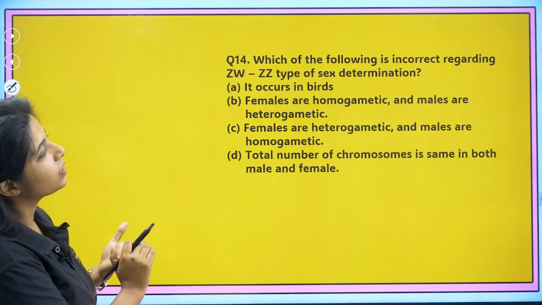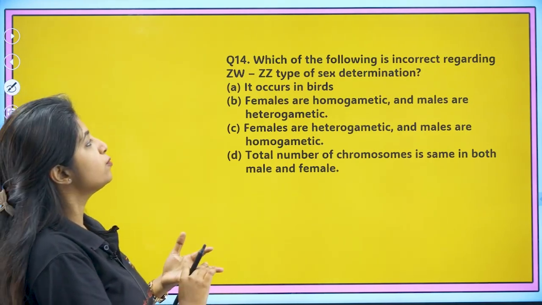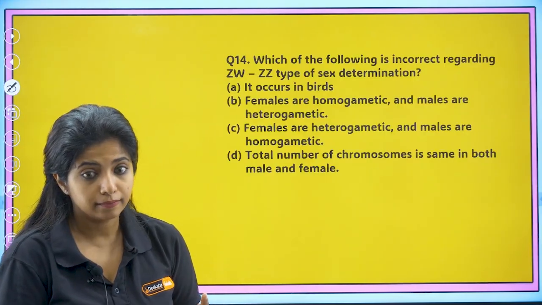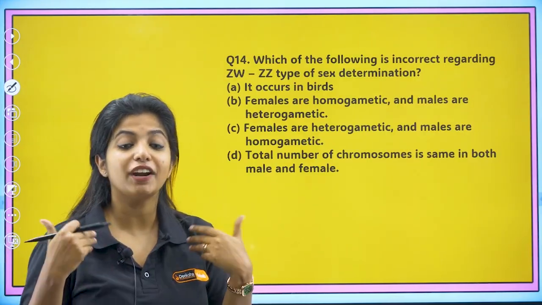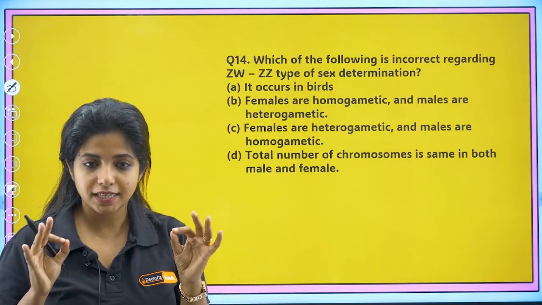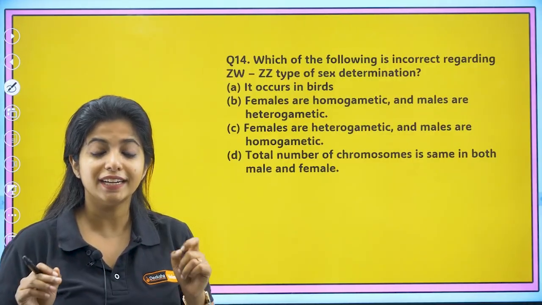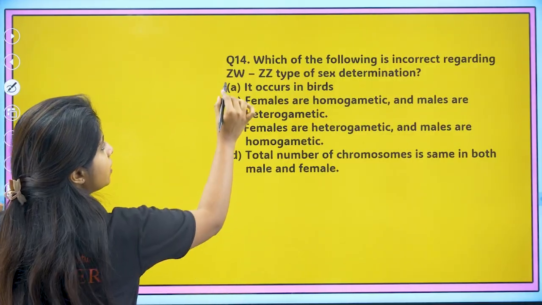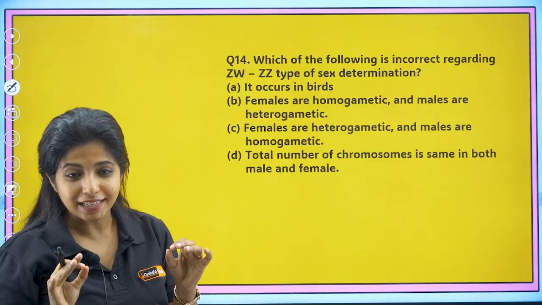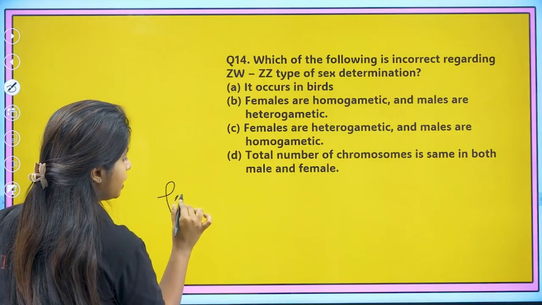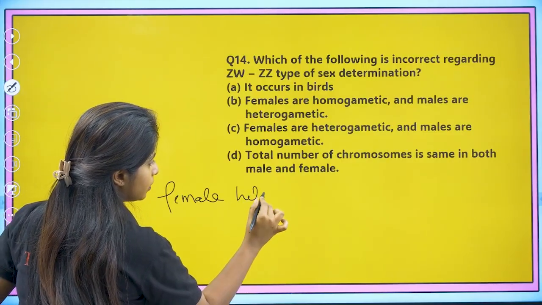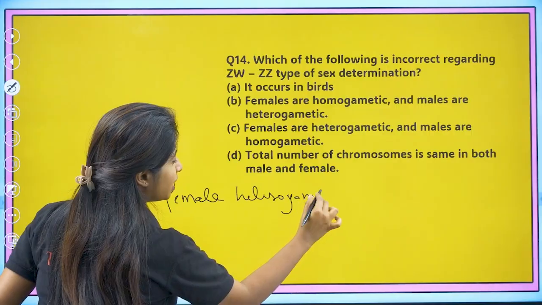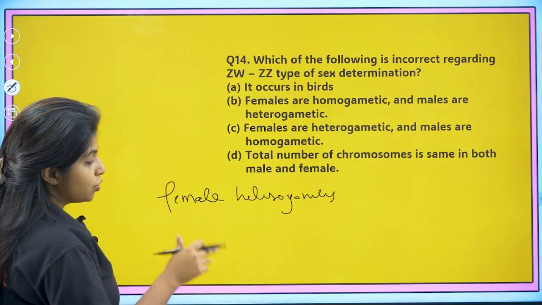Now, which of the following is incorrect regarding ZW-ZZ type of sex determination? ZW-ZZ, where do you see it? You see it in birds, first of all. My dear children, birds are the only case where you find female heterogamety. What do you mean by that, ma'am? Hetero means different.